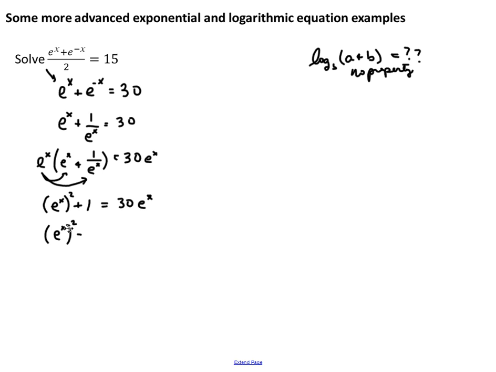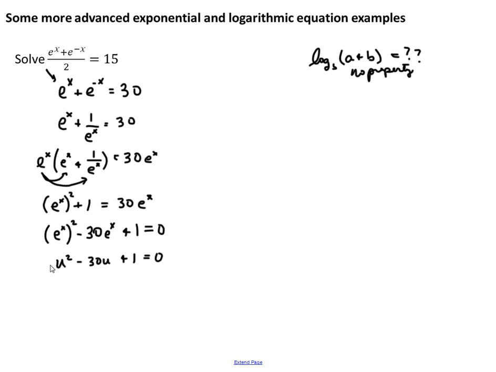I've got e to the x quantity squared minus 30 times e to the x plus 1 is equal to 0. Now you might recognize this is a quadratic form equation where I have something that looks like u squared minus 30u plus 1 is equal to 0.